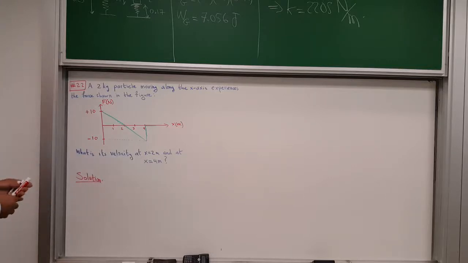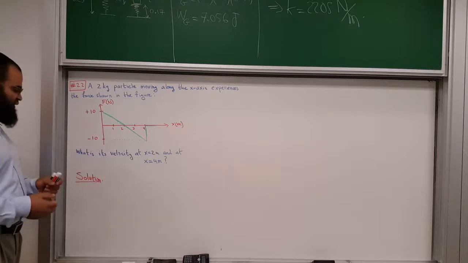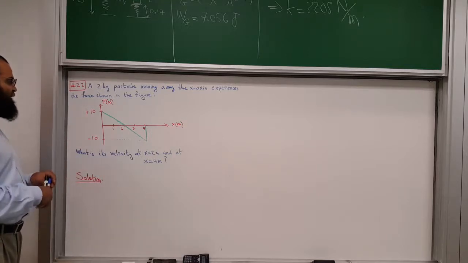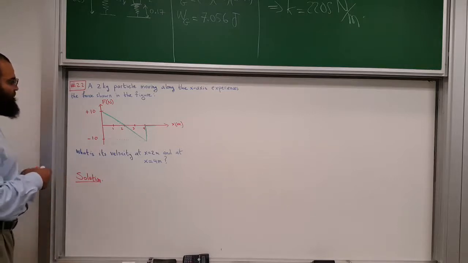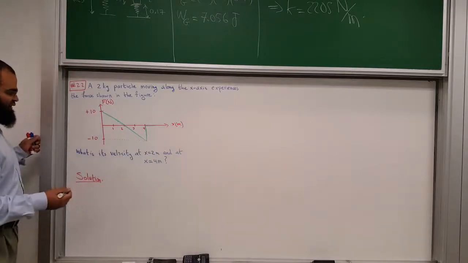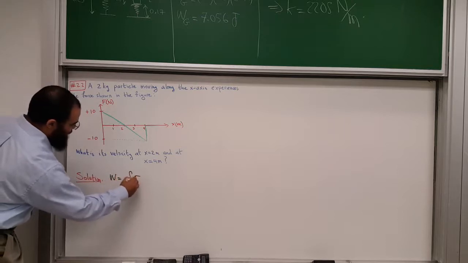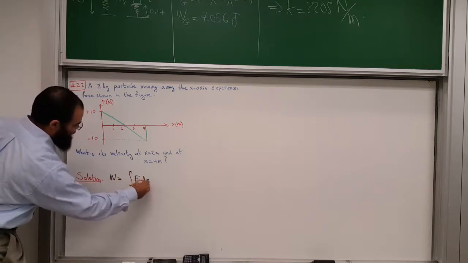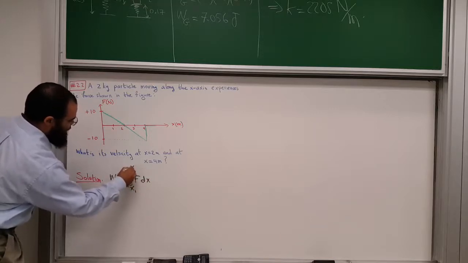Well, they're asking about velocity, and they give me force as a function of position. You know that the work done is the integral of F dx, from x1 to x2.